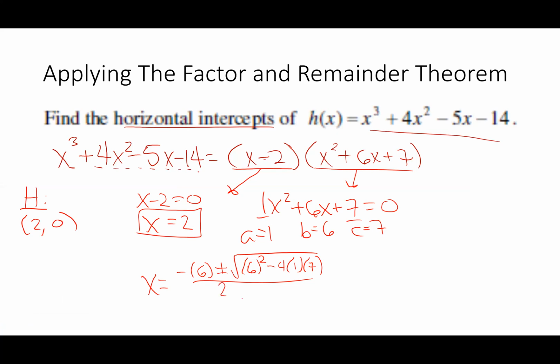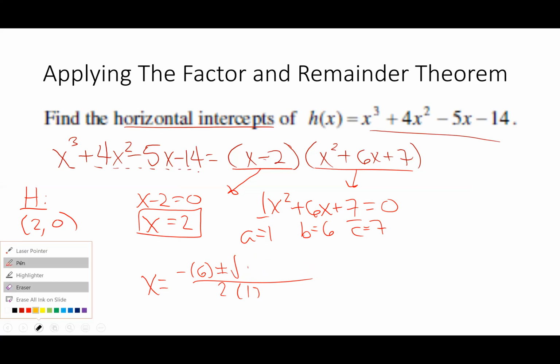All over 2a. So I'll give you a second to compute 6 squared minus 4 times 1 times 7 on your own. What you should get after that, and I'm only doing this for tidiness so that I'm not using a bunch of space here, I should get 8. That turns into 36 minus 28.